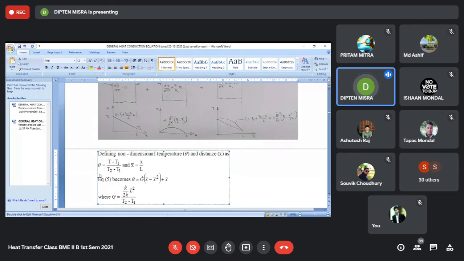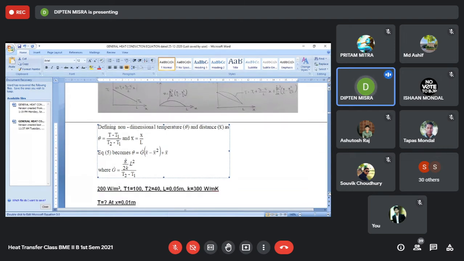And once I know the value of theta from the graph paper, I can calculate the value of t as equal to theta into delta t. You can call this delta t, t2 minus t1. Theta into t2 minus t1 plus t1 is your temperature. And this is how fruitfully we can use the graph to calculate the values very quickly.